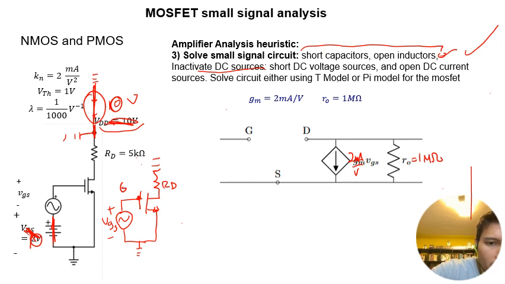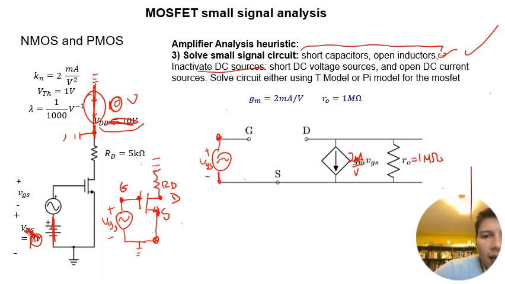So this is our gate terminal, this is our source terminal, and this is our drain terminal. Between the gate and the source, we have this little vgs small signal model, plus minus. And then the source terminal is connected to ground.